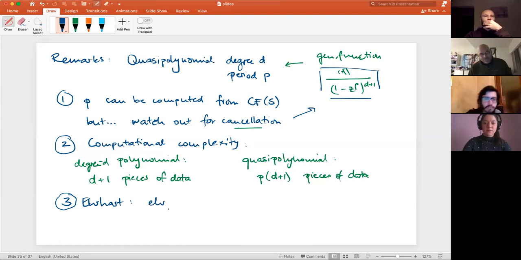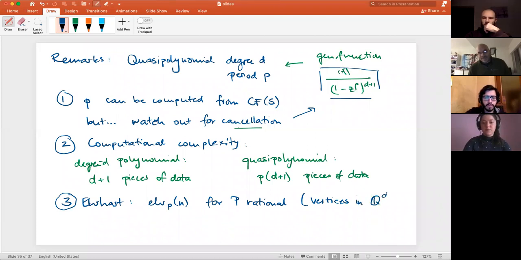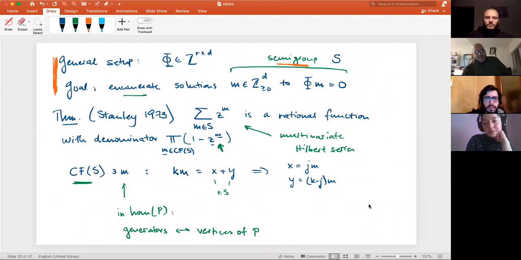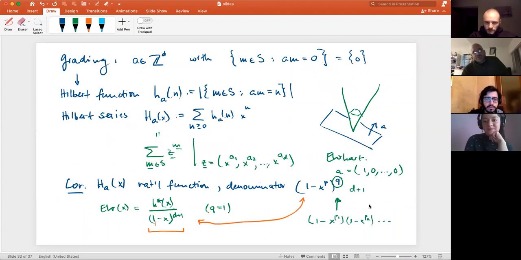This actually applies when you have a rational polytope, when P is not a lattice polytope, so the vertices are now with entries in Q. When we started the setup, we had some linear system with integer coordinates.